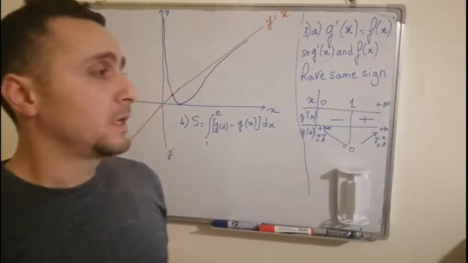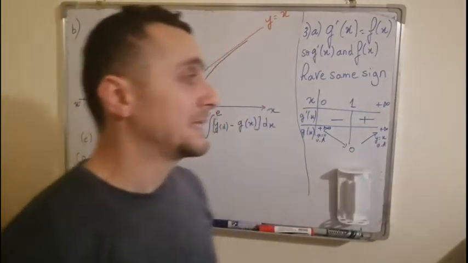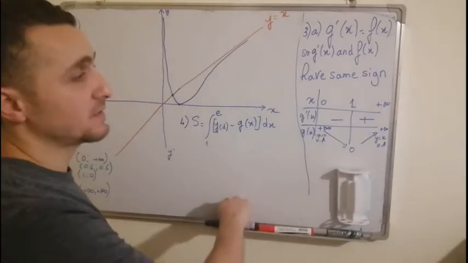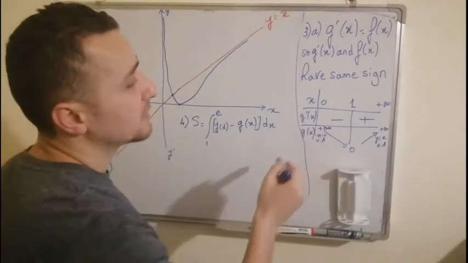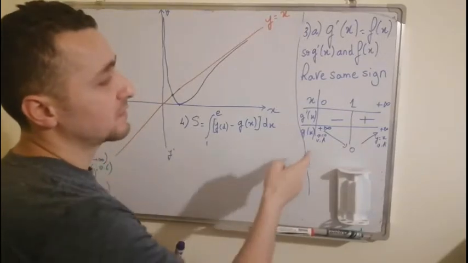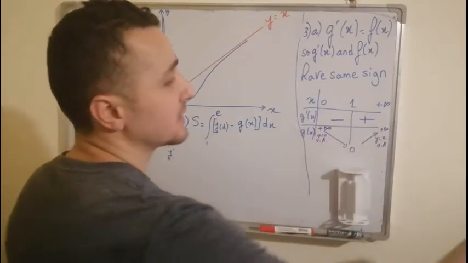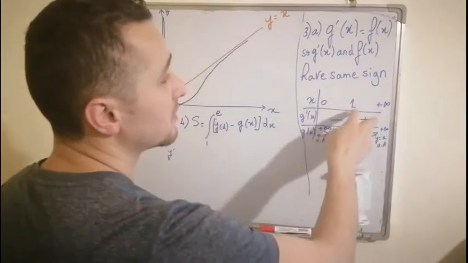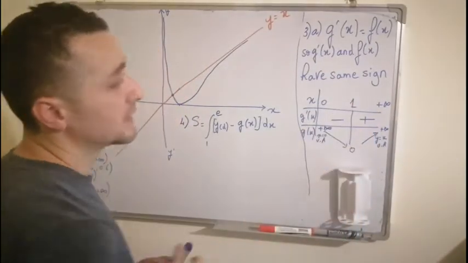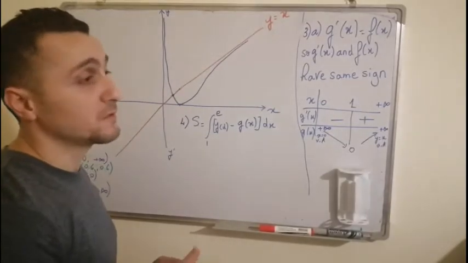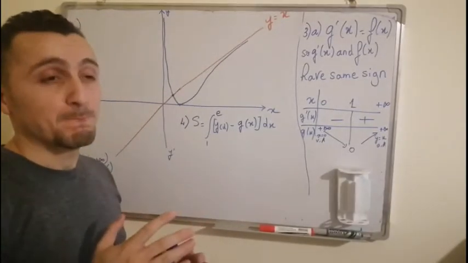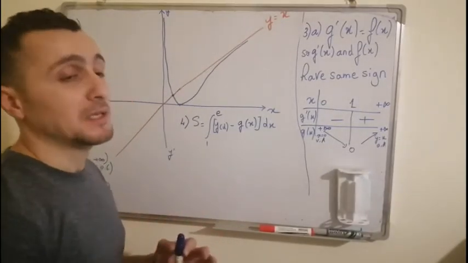Now in part 3b, trace the curve C. In the table of variation, the function is decreasing then increasing. It admits a minimum at abscissa 1, ordinate 0. To draw this curve, we first have to draw the asymptotes.